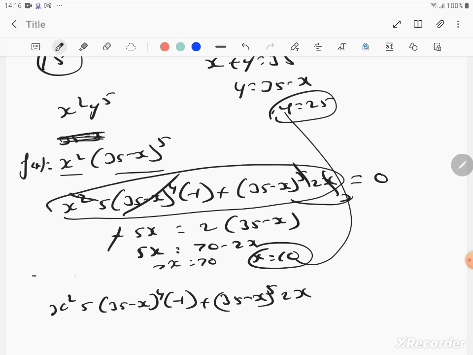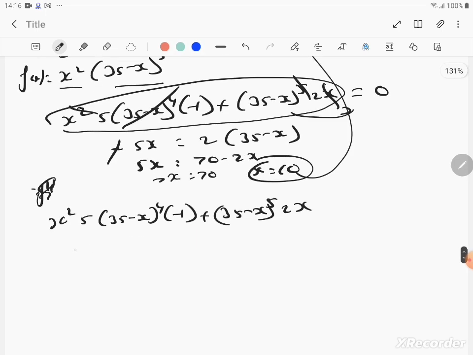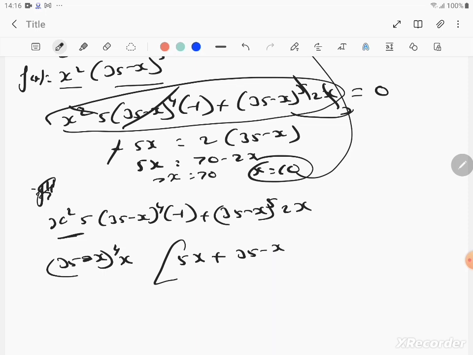To do the double differentiation, before which take out what is common. (35 minus x) the whole to the power 4 is common. Also an x is common. So you have a 5x, and here you have plus 35 minus x with a 2, because I've already taken (35 minus x) to the power 4 out.